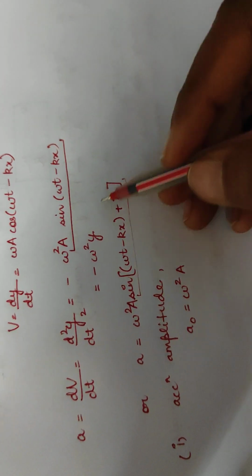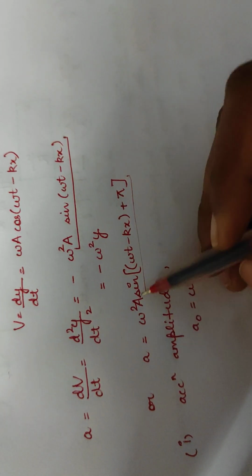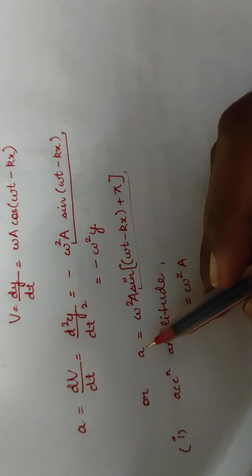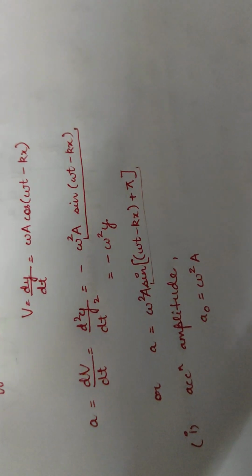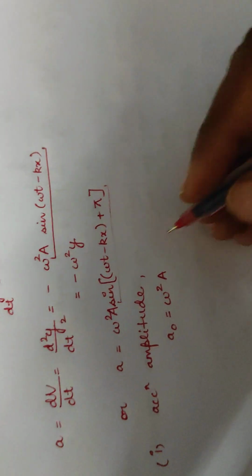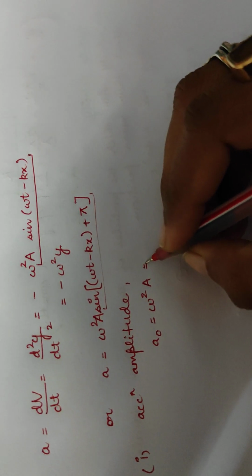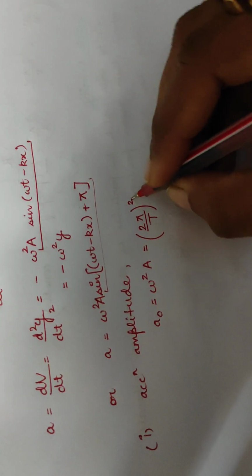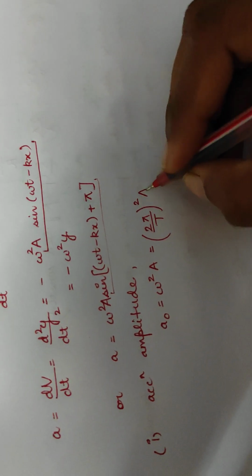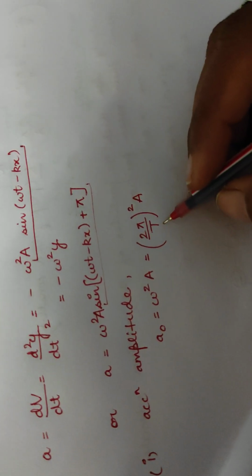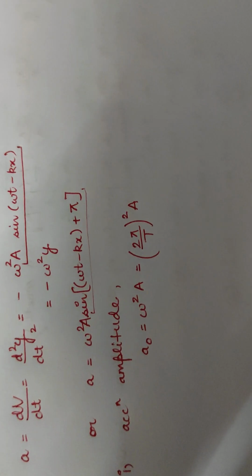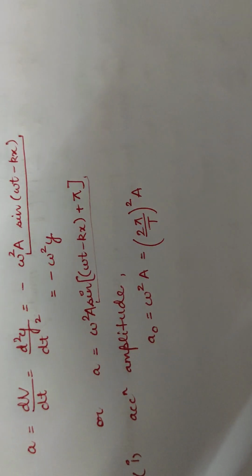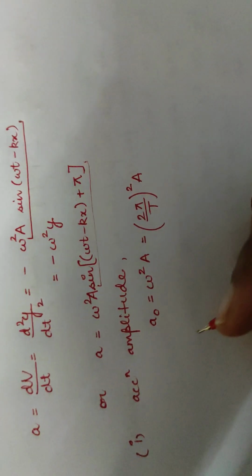So if this gives us sin 90°, we are left with ω²a, which will give us the maximum value for acceleration. So a₀ is equal to ω²a, which in turn, if we put the value of ω as 2π/T, gives (2π/T)² a. And we can say that acceleration is (2π/T)² times the displacement amplitude.